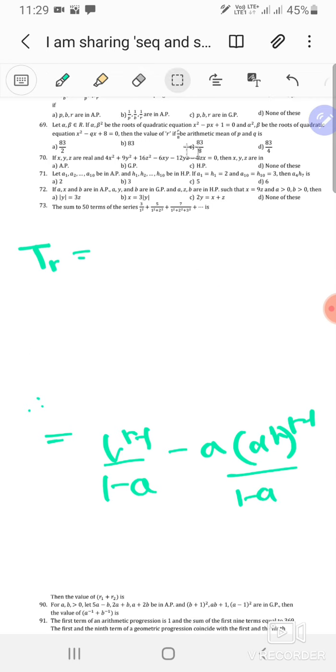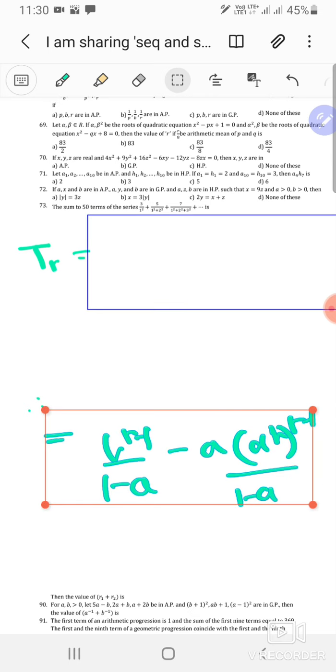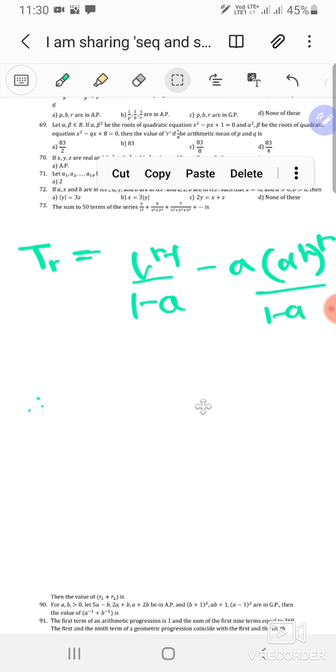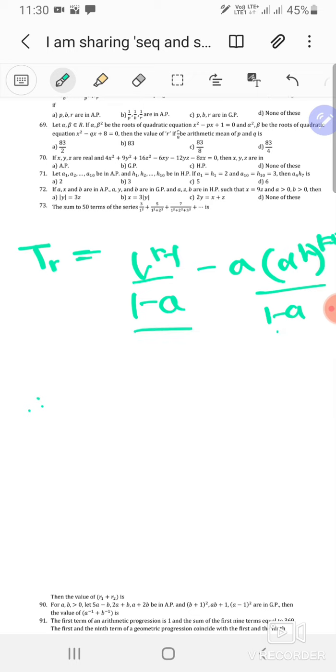So now if we want to sum this up, okay, cool. So now we want to sum this from R equals 1 to R equals infinity. The formula is given by A upon 1 minus R, where A is the first term. You can see these are like two different sums. So sum from 1 to infinity, first of all, I will take 1 upon 1 minus A common.